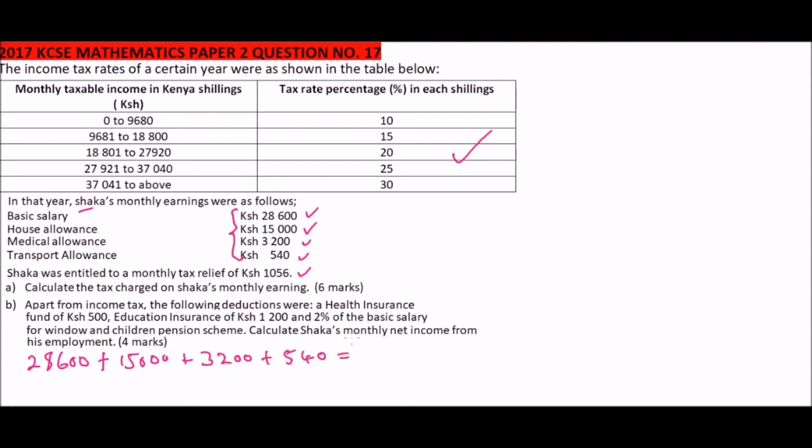The total of this will give you the taxable income, which is 47,340 using your calculator.